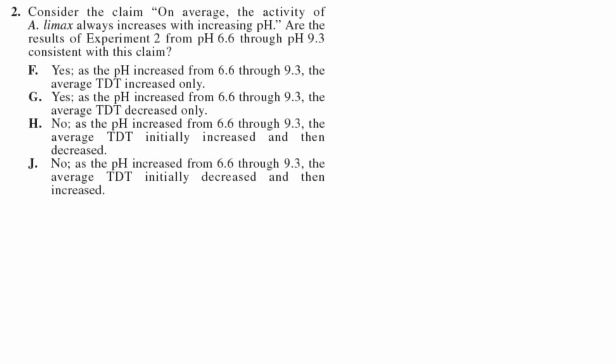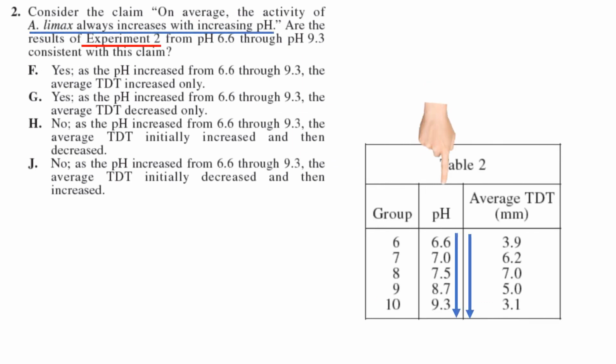Question number 2, we're looking at experiment 2. And it says, consider the claim on average, the activity of A Limax always increases with increasing pH. So as the pH goes up, it's saying the average TDT goes up. Are the results of experiment 2 for pH of 6.6 to 9.3, so all of them, consistent with this claim?